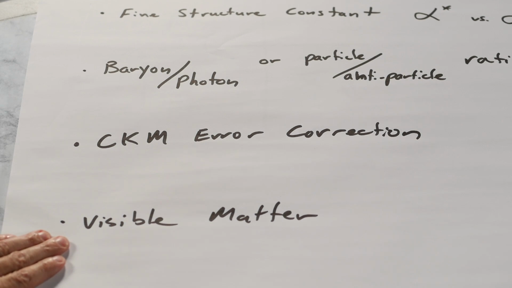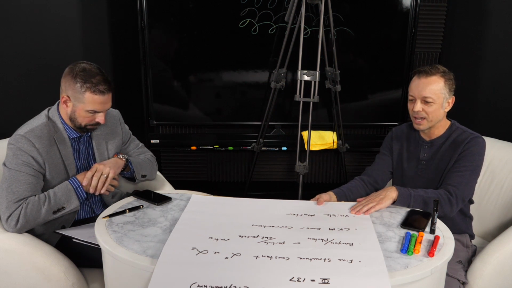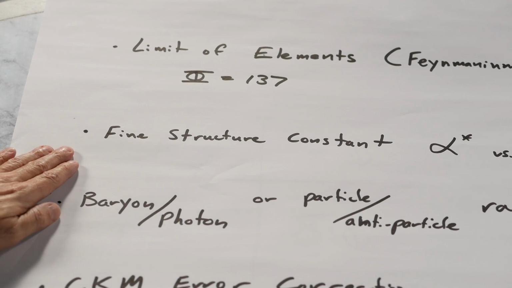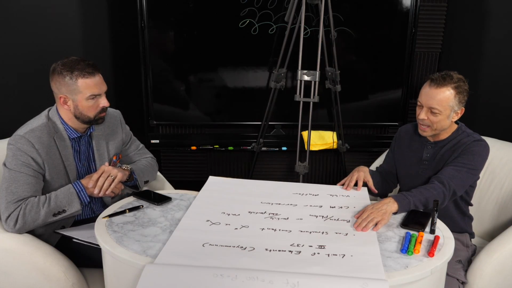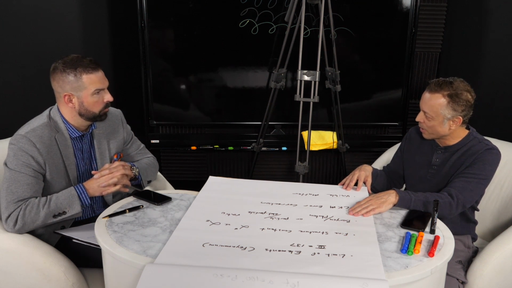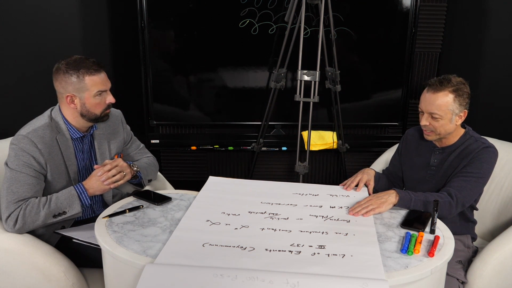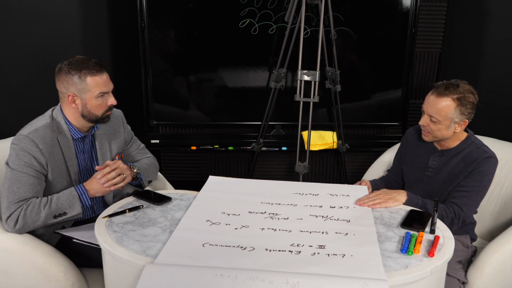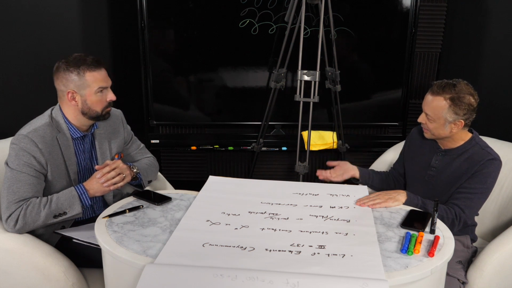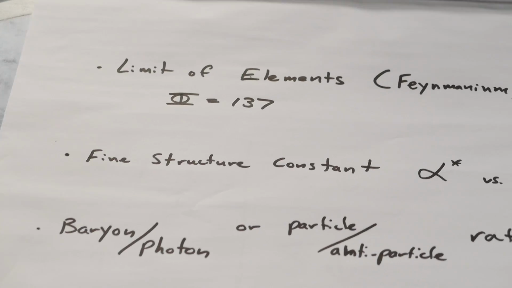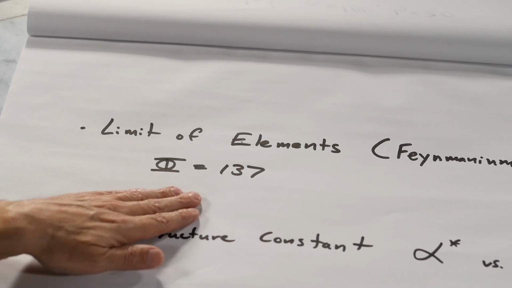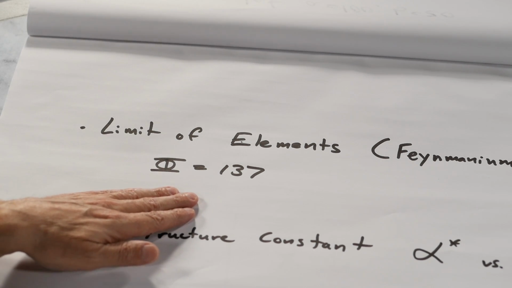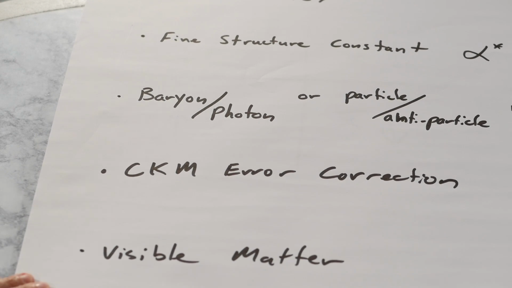Visible matter, since it's visible, we're going to see spectral lines, and we're going to need defined structure constraints in order to understand them. But visible matter is also going to be composed of particles and antiparticles based on our reasoning, and those have to follow symmetries that aren't accounted for, that the CKM error correction seems to account for. It all pertains to the number of elements that we can have as visible matter.